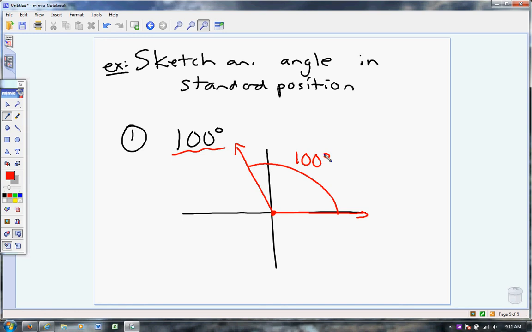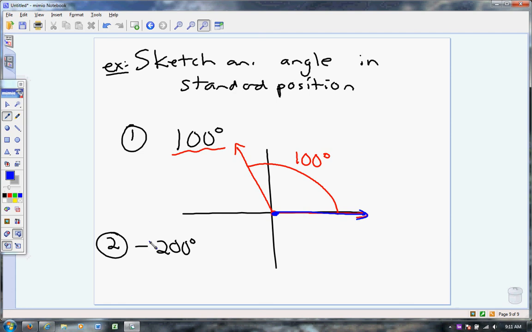What if, we'll just use this same graph, what if I had negative 200 degrees, and I wanted to sketch that one in standard position. Well, I would start again where I always do, right here.